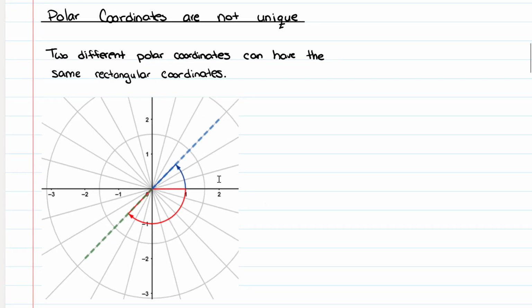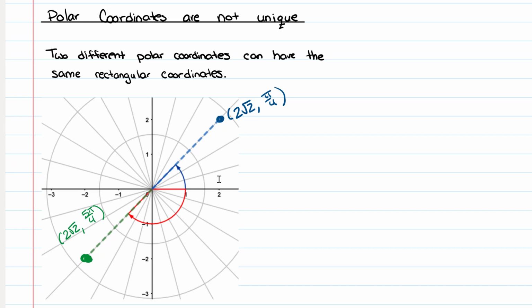Now let's talk about how polar coordinates are not unique. I did show a quick example about this, but just to formalize it, this point right here is (2 radical 2, pi over 4). This point down here is (2 radical 2, 5 pi over 4).